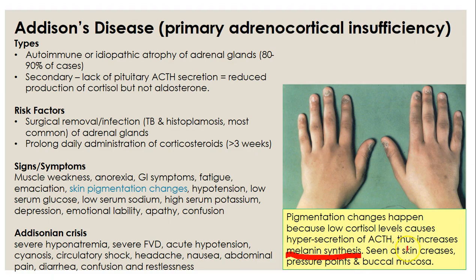And so as that increases, you're going to see it particularly at skin creases and pressure points and in the buccal mucosa. You see this picture here, you can see in these areas where the pigmentation is darker, they call it bronzing.